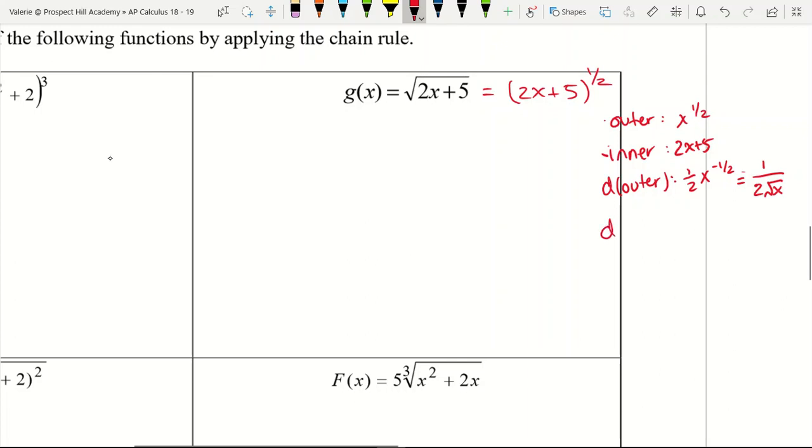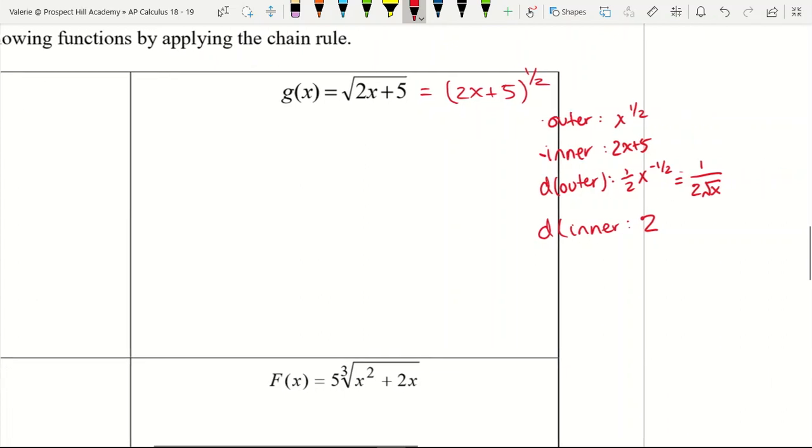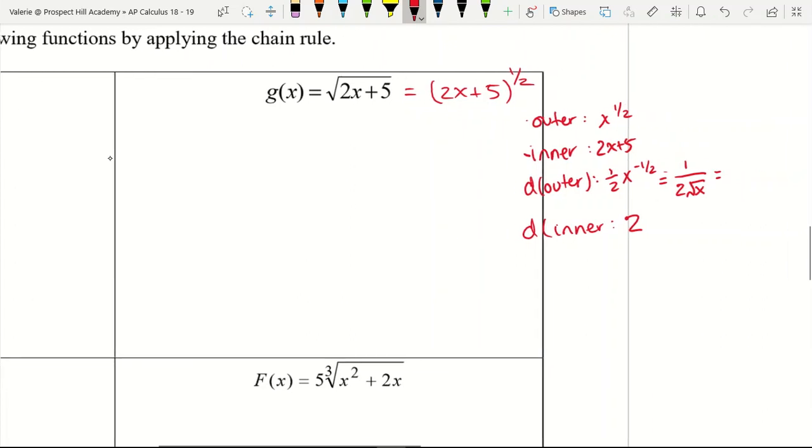And the derivative of our inner function is just 2. You can also simplify the derivative of our outer function to the square root of x over 2x.